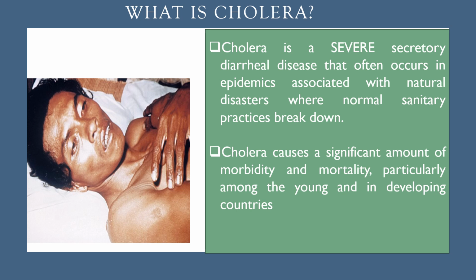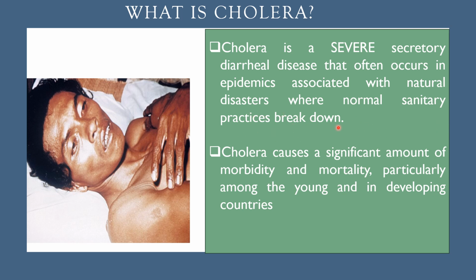Now what is cholera? What actually happens in cholera? Cholera is a severe secretory diarrheal disease and it often occurs in epidemics associated with natural disasters like flood, like earthquake, when the normal sanitary practices break down.